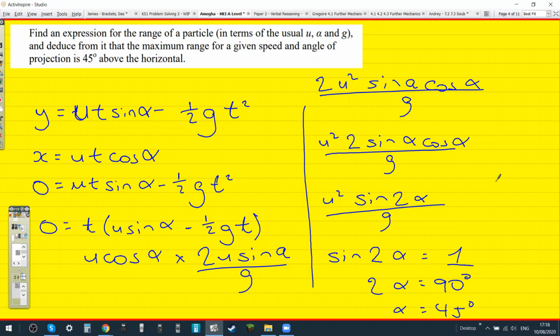I don't get how you figure out that it's 45. I also don't get that fraction. I'm not sure. Also, how do you know that sine 2 alpha is equal to 1? So that's basically what it would have to be to get alpha is 45. Yeah, but that's not how you figure out that it is 45. So the range.